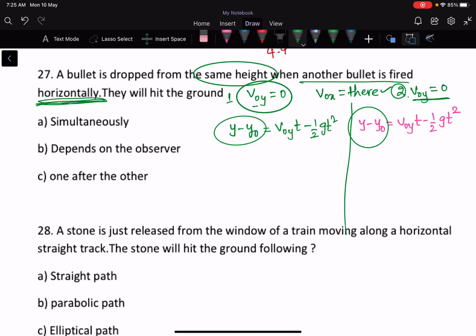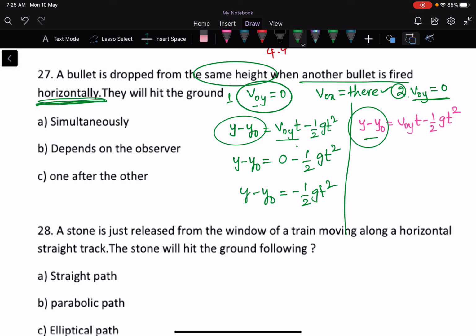Therefore, y minus y0 is equal to v0y, which is 0, minus half g t square. So y minus y0 equal to minus half g t square.